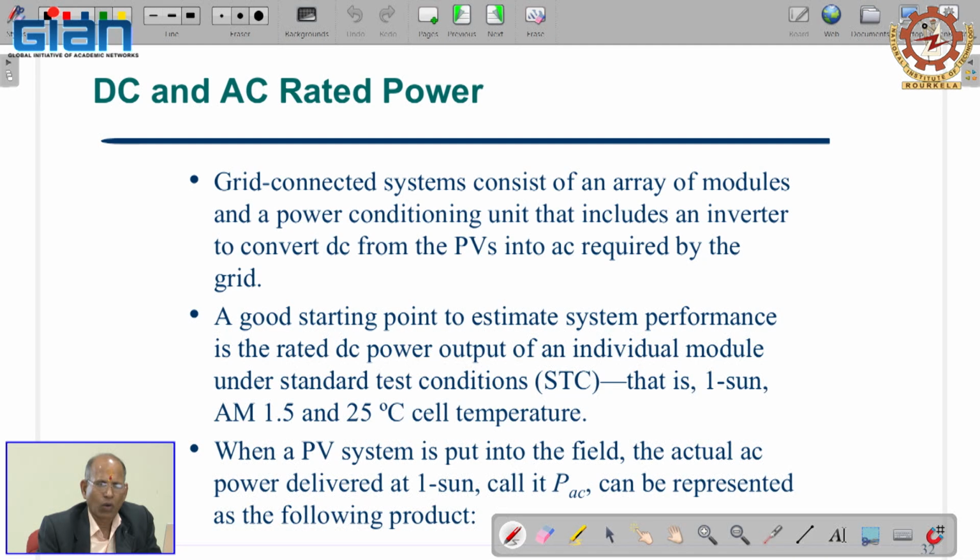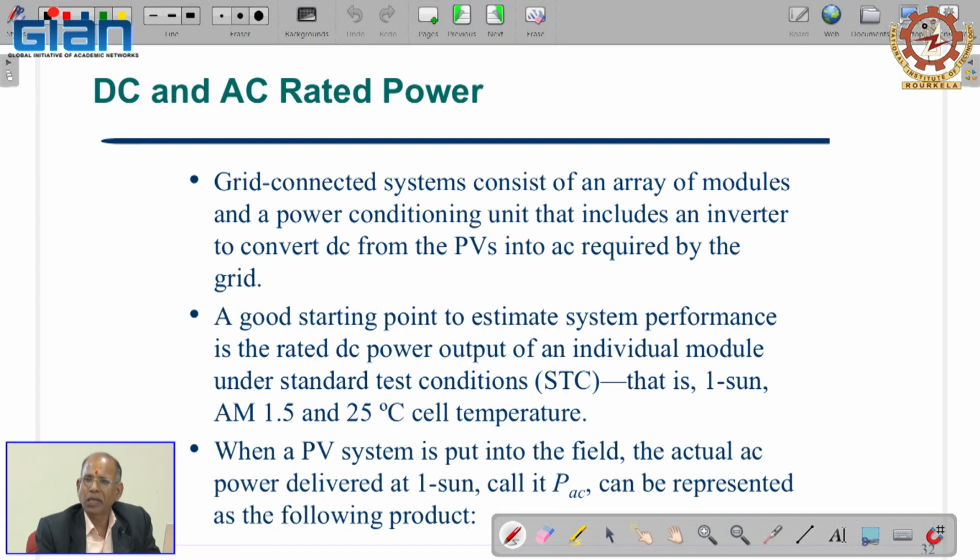Basically, a good starting point to estimate the system performance is the rated DC output of an individual module under standard test condition. Standard test condition is one sun insolation. One sun insolation means 1 kilowatt per meter square. Like as we say, 1 unit of electricity means 1 kilowatt hour.